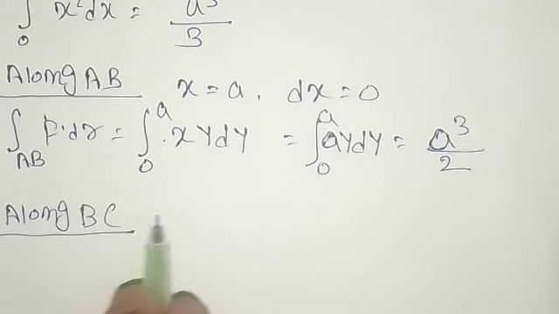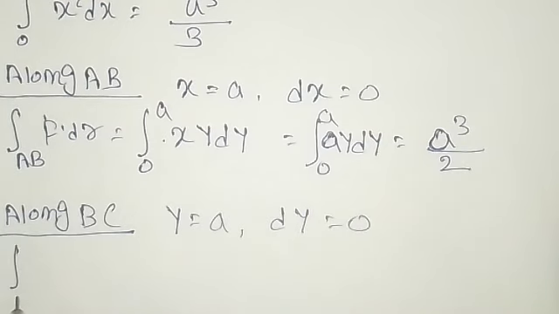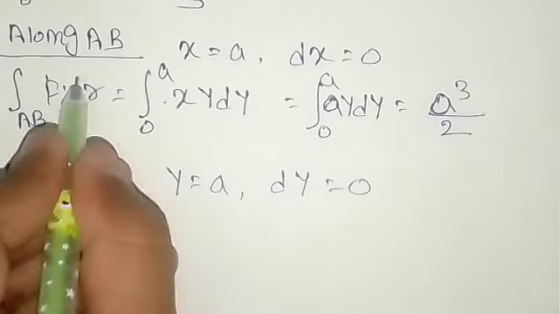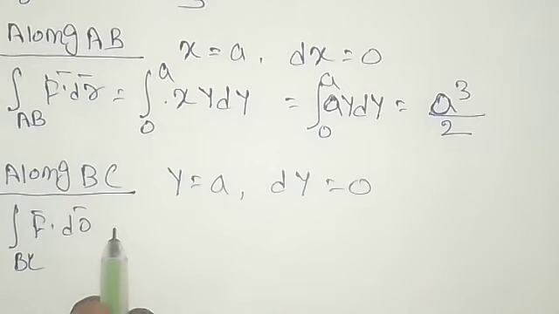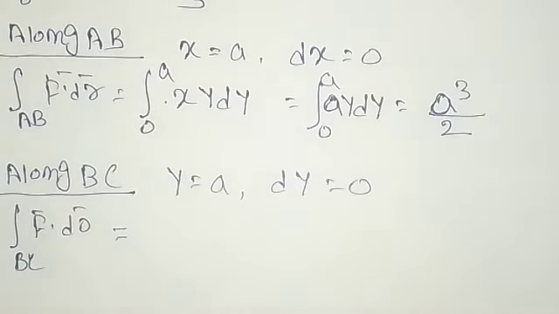On again BC, y is equal to A, right? So dy is equal to 0, and that is what we have to find on BC, is it or not? So f dot dr, see everywhere we have to put f dot dr is equal to what? That x square dx plus xy dy, right?